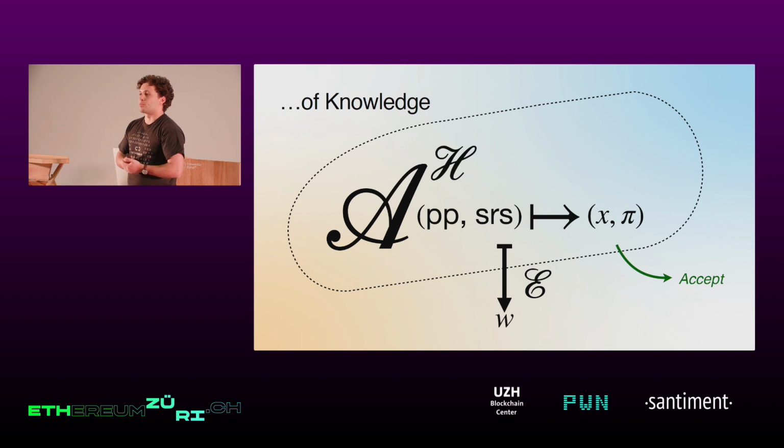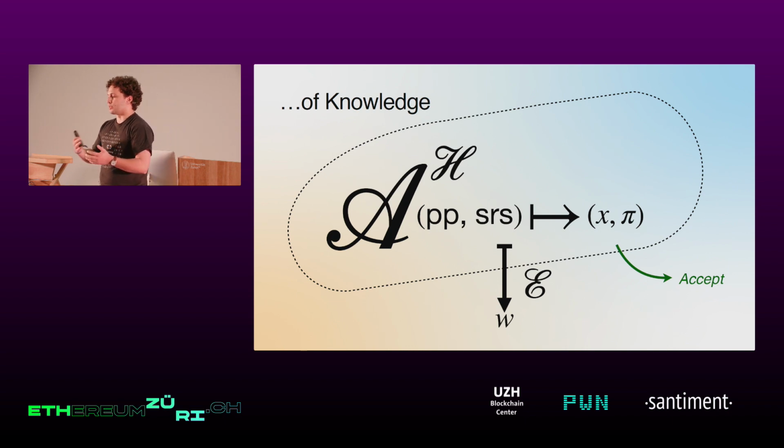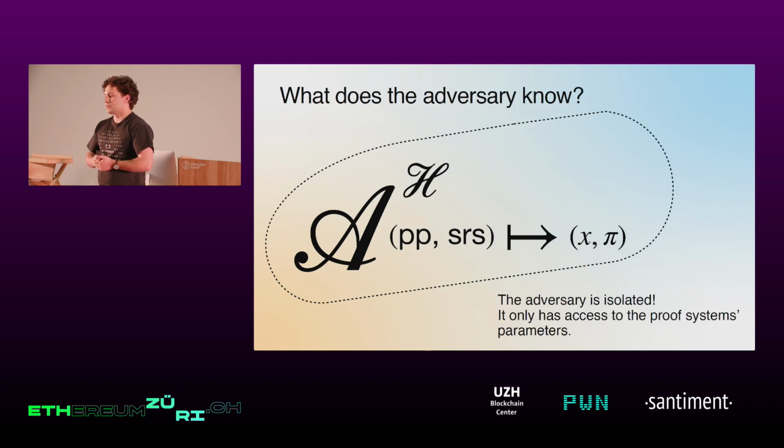So this is a property that we usually call knowledge soundness. It's a very strong property. It usually implies soundness, and we only require that there's this efficient algorithm extracting witnesses for when the adversary can convince the verifier with non-negligible probability.